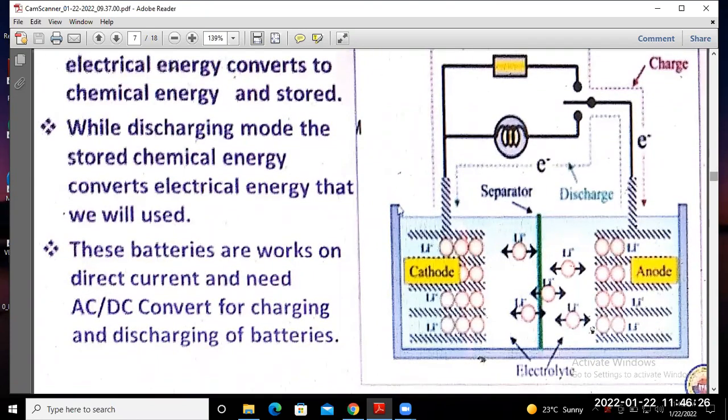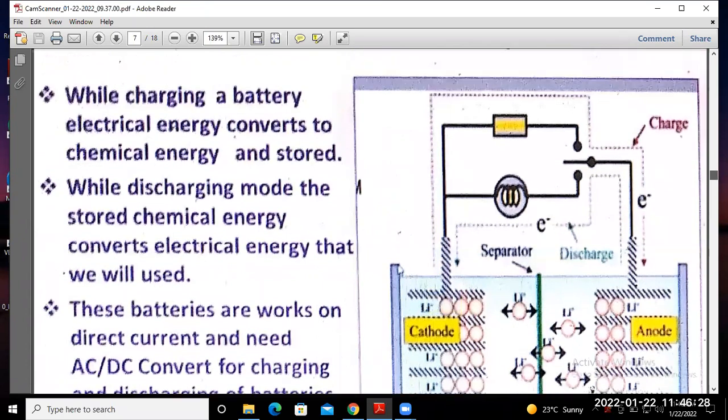Next, the same applies to the charging and discharging connection of the battery. While charging a battery, electrical energy is converted to chemical energy and stored during the charging period. Whatever energy is stored during charging, you will be able to use whenever required.